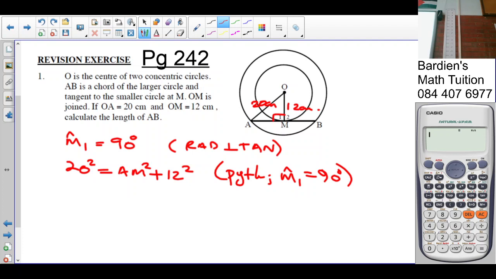So AM works out to be the root of 20 squared, which is 400, minus 12 squared, 144. That gives you 256, the root thereof gives you 16.